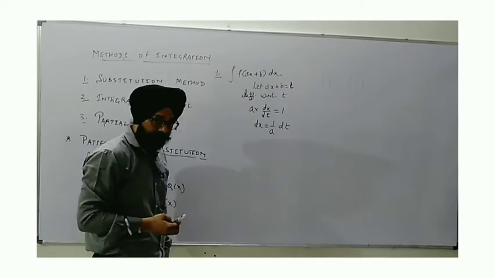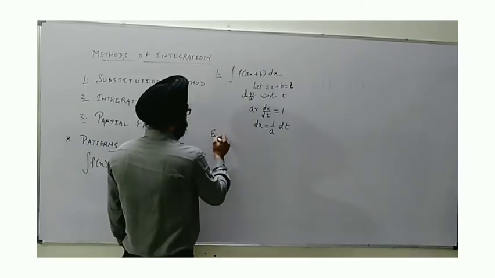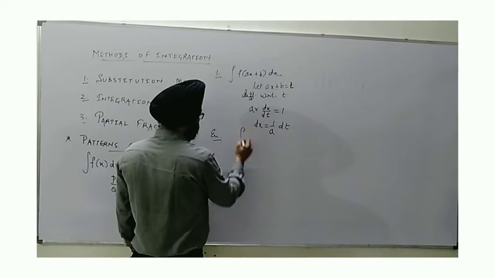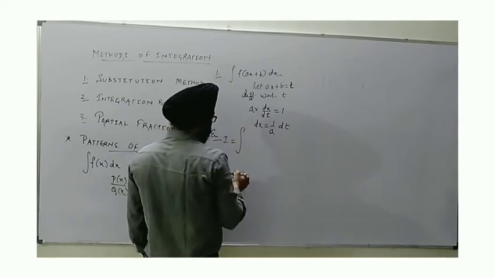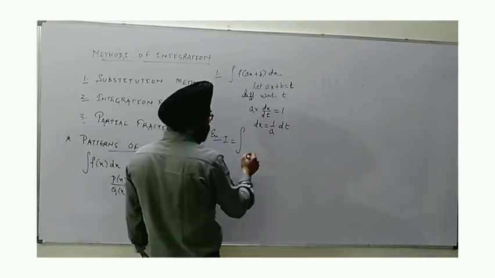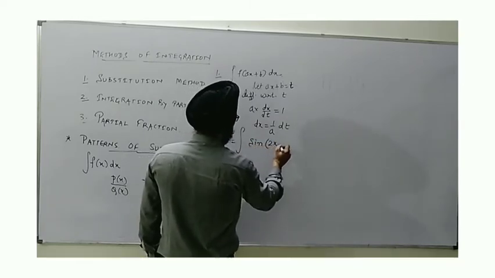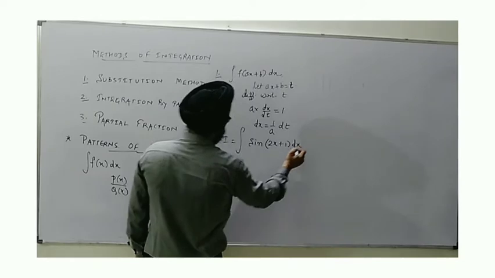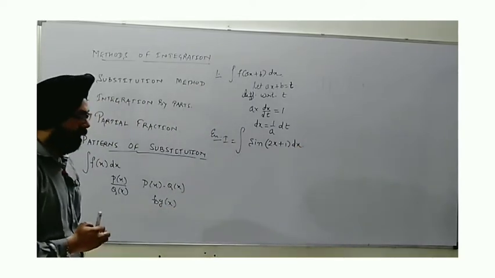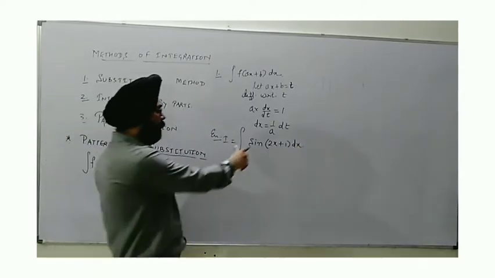With an example, if we begin, like I write here one basic function. We know the integration of sin x, but suppose I write here sine of (2x plus 1). We need to solve this. Now you can see in place of x I have written 2x plus 1, a linear polynomial.